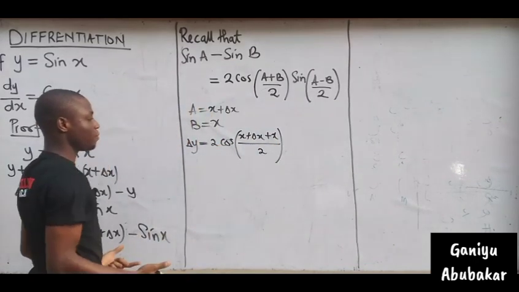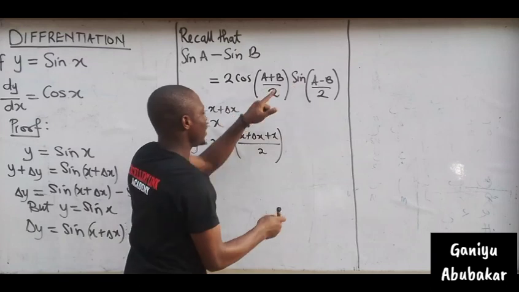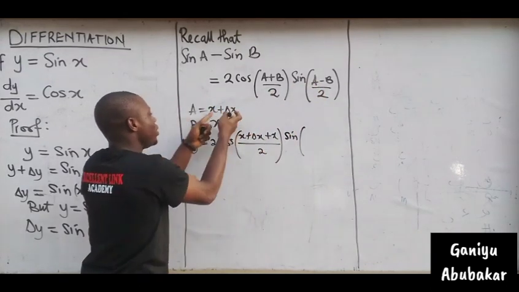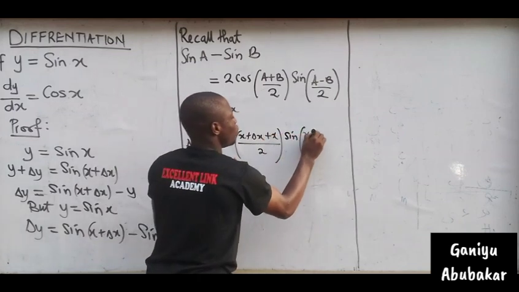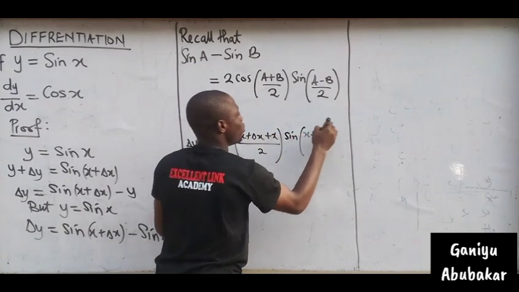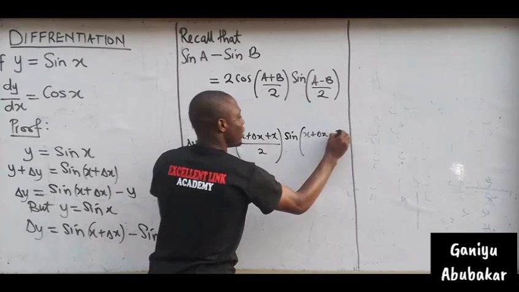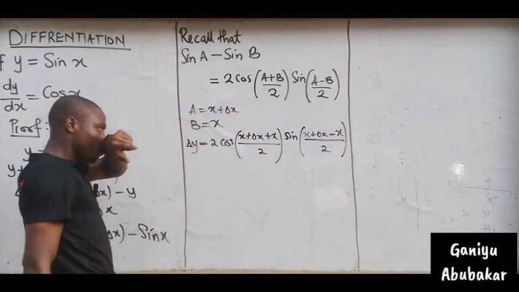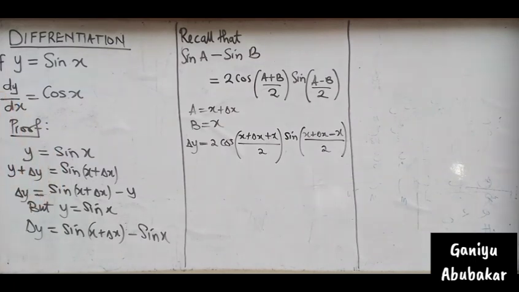I'm done with this. Next up, I have sine of a minus b, where a is all this term here: x plus change in x minus, what is b? B is x, all over 2.